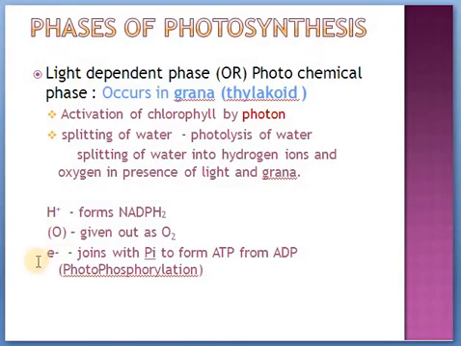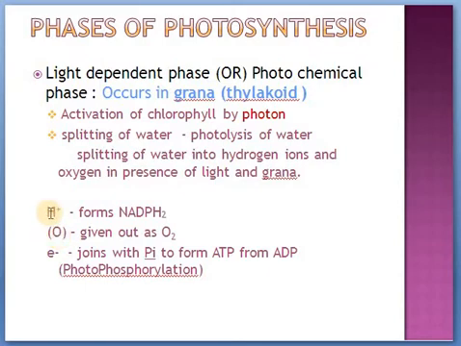From one molecule of water there is only one O, so you can't say it's O2. If 2 molecules of water are there, O2 will be produced. So one molecule of water produces 2 protons, 2 electrons, and 1 nascent oxygen.